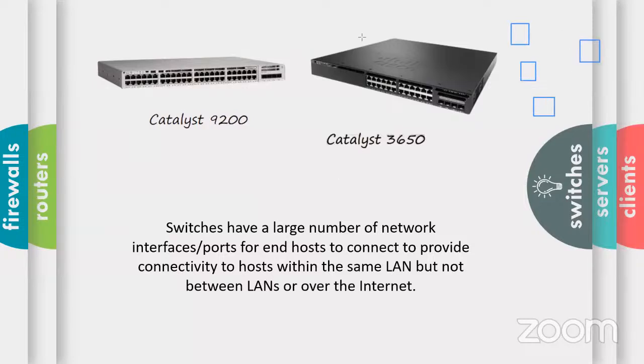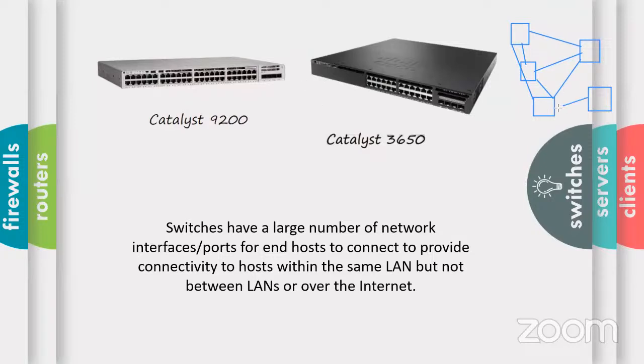You make a connection between this and this, and one more connection here, and one more here, and one more here. How many connections are there in total? 1, 2, 3, 4, 5, 6. Six connections. And if I add one more device to this network, what happens?